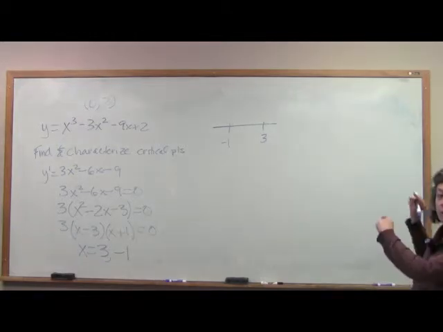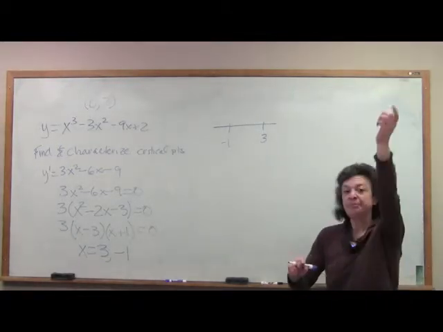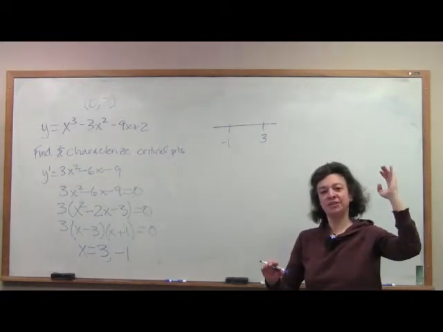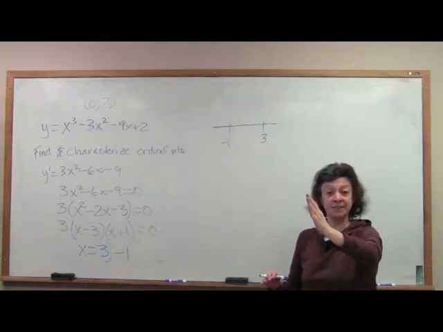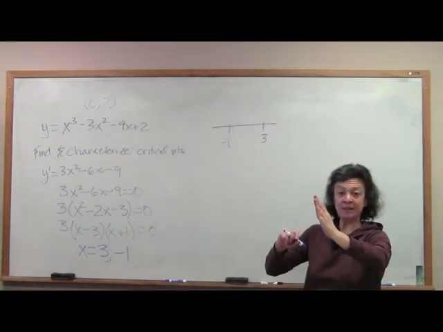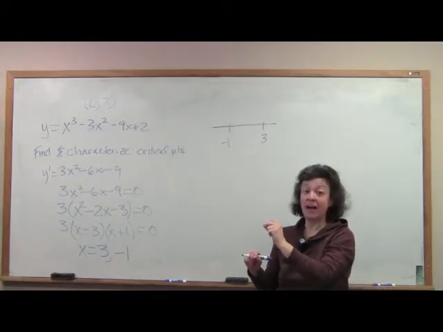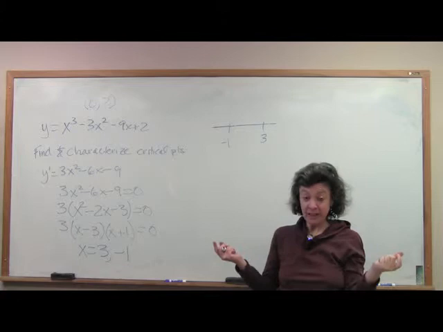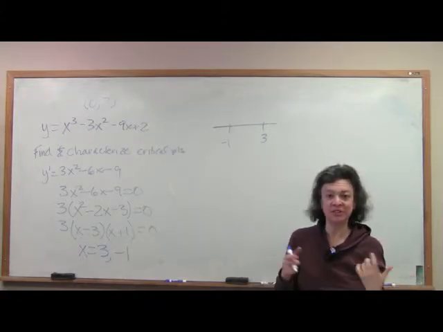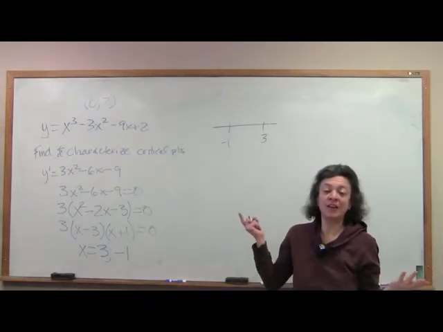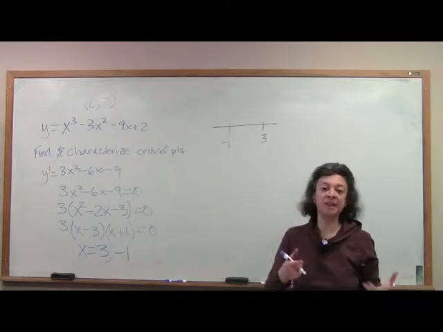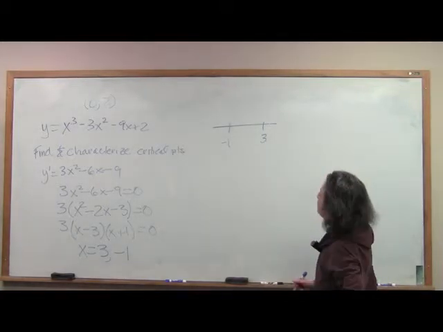Now, I know from my first derivative test that if my derivative changes from positive to negative, I have a local maximum. If my derivative changes from negative to positive, I have a local minimum. And if my derivative doesn't change signs, then it's still a critical point, but it's neither a local max nor a local min.